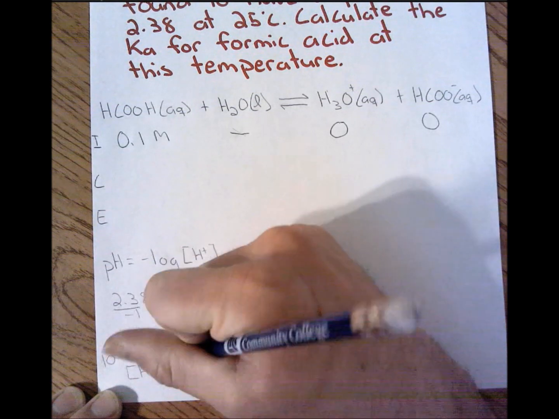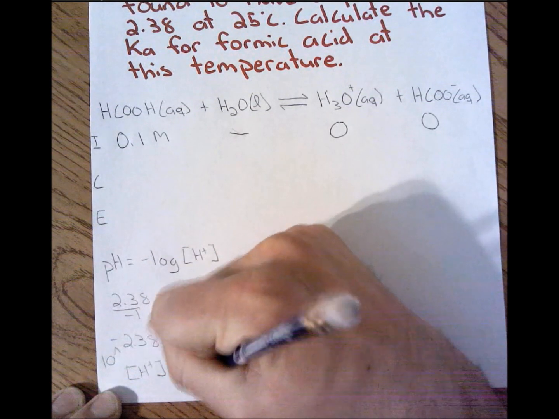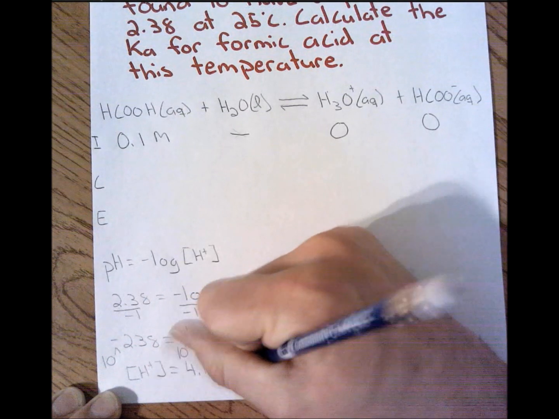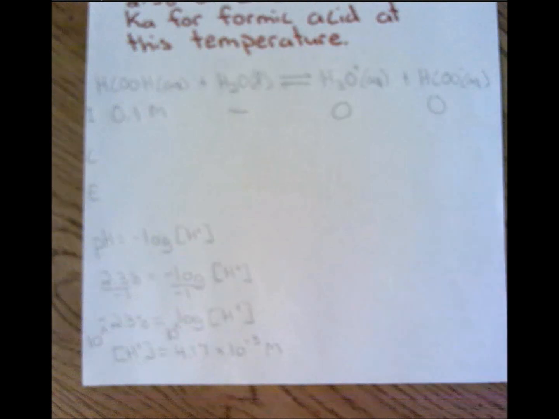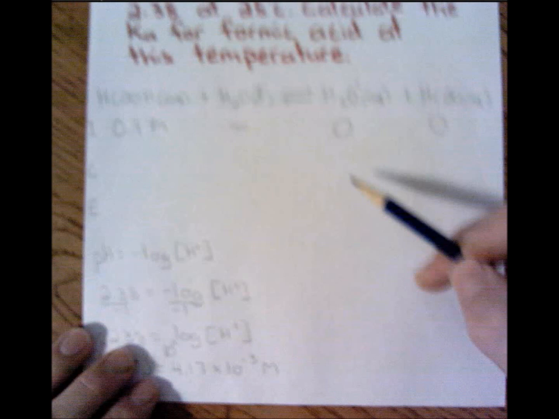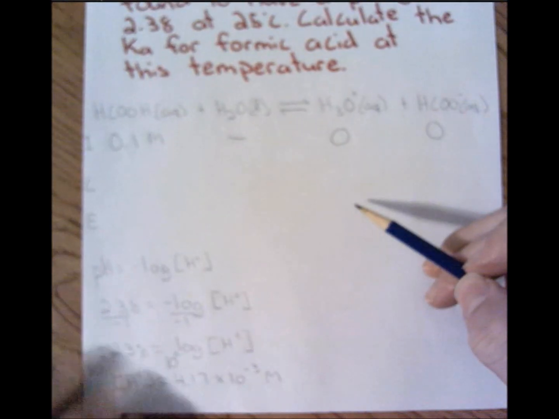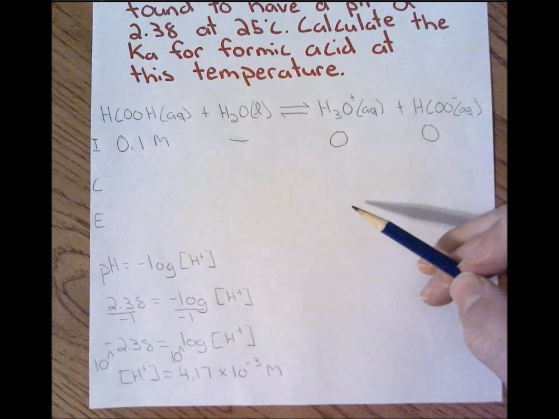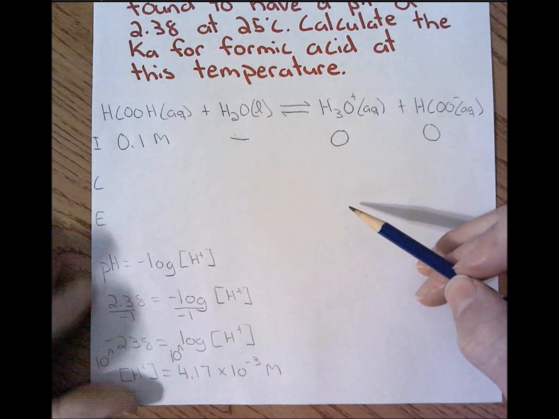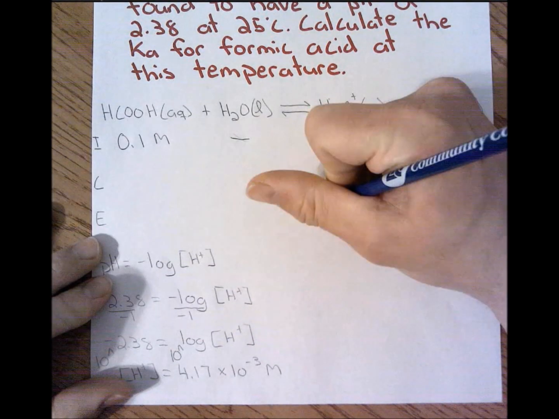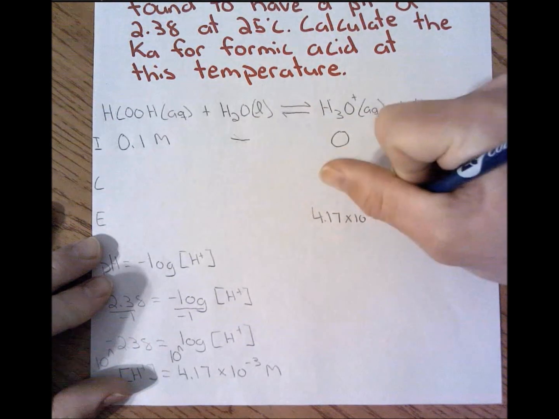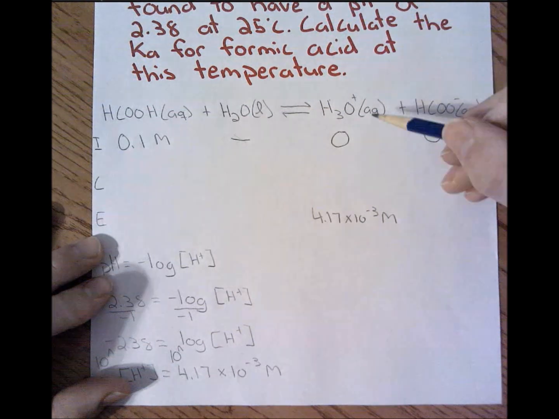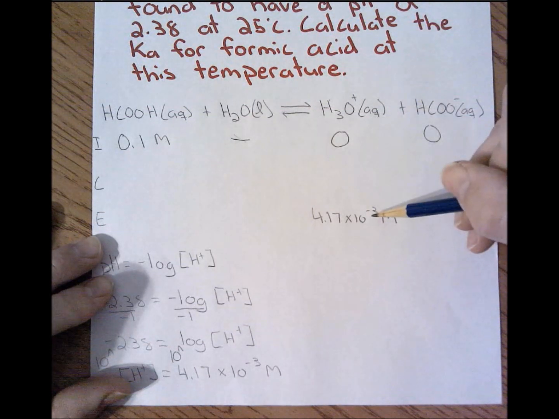So at equilibrium, remember the pH has to be calculated at equilibrium. Once this substance came to equilibrium, we get a hydronium concentration of 4.17 times 10 to the -3rd molar. Now we went from 0 to this value here, so that means we gain 4.17 times 10 to the -3rd.